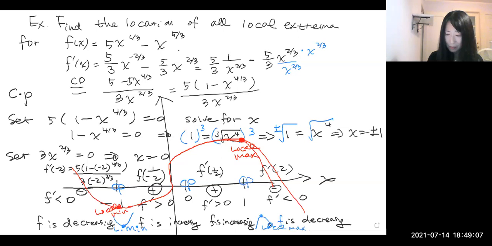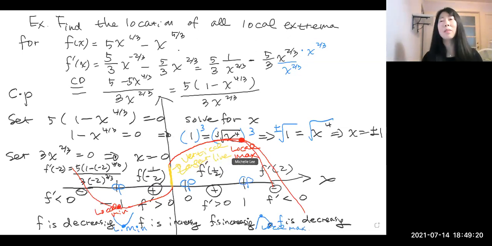Can you see that here? We know that when x equals 0, f prime is undefined. That's why. Looks messy, so let me erase this one.